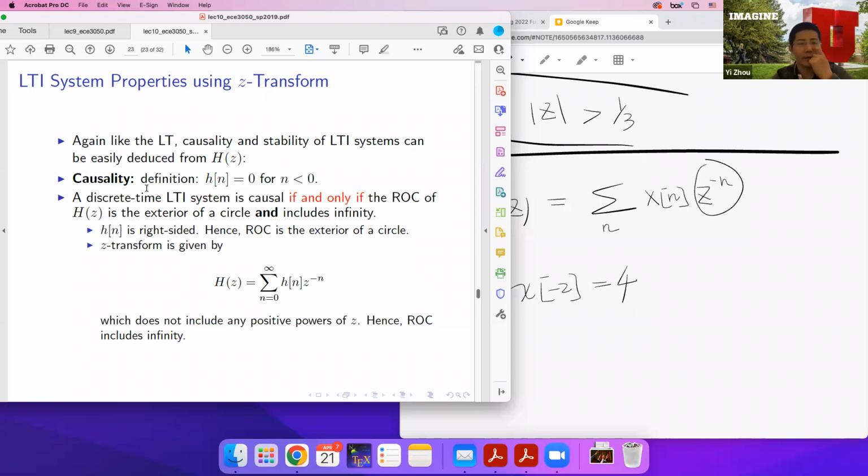Why? Because by definition, causality means that the system impulse response is a right-sided signal. And we know for right-sided signals, the corresponding ROC of the Z transform should be extending outward. So this criterion can be used to characterize the causality of the system.